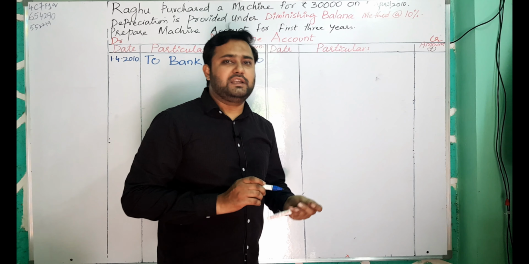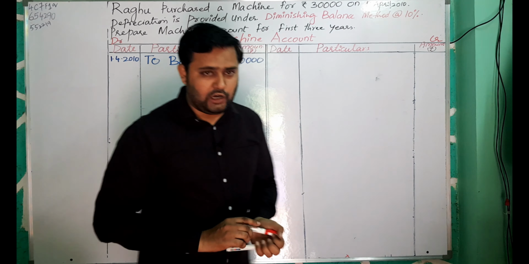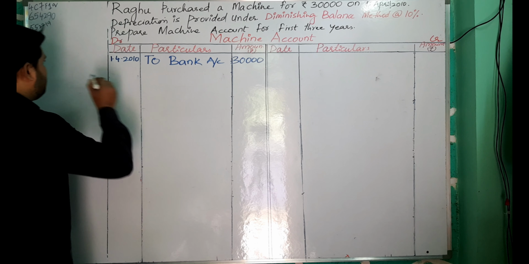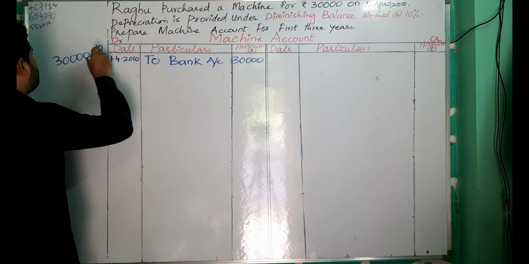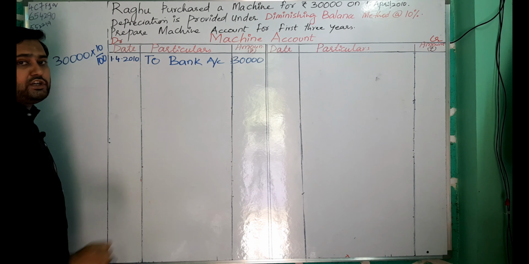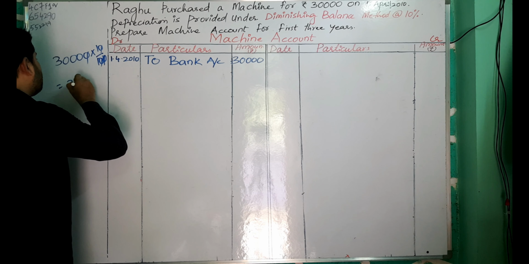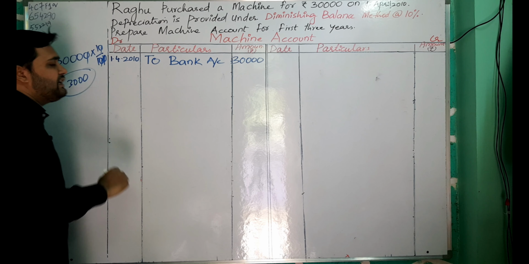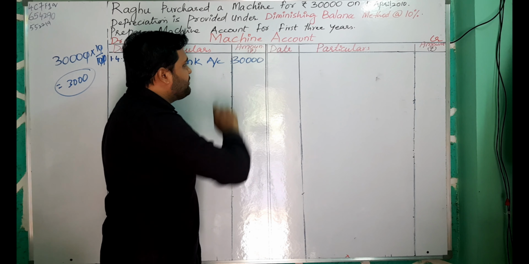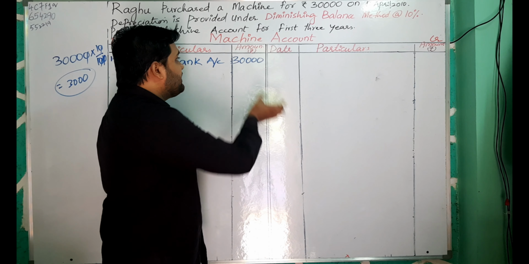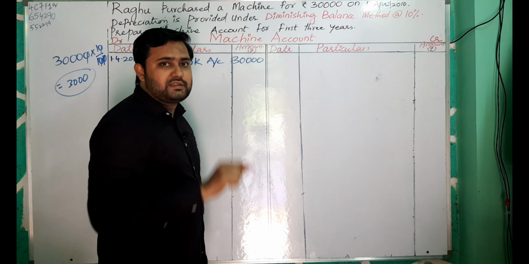Then it has mentioned that depreciation is provided under diminishing balance method. We need to calculate depreciation for the first year. So how are you going to calculate here? 30,000 into 10%, which means 30,000 into 10 by 100, which is equal to, if you cancel the zeros, 3,000. The shortcut is, if you cut off one 0, that amount is the 10% of 30,000, which is 3,000 rupees.